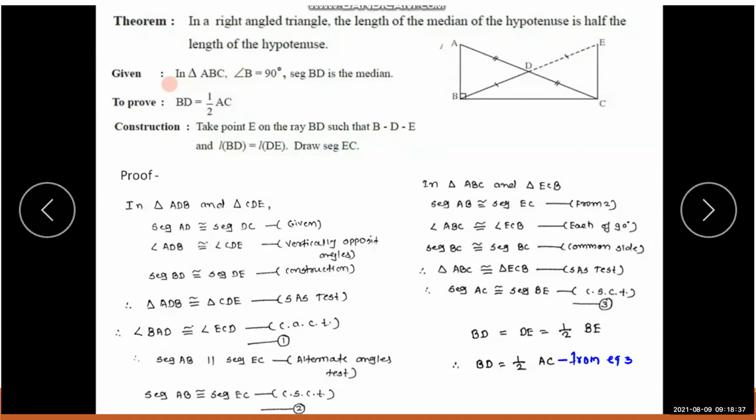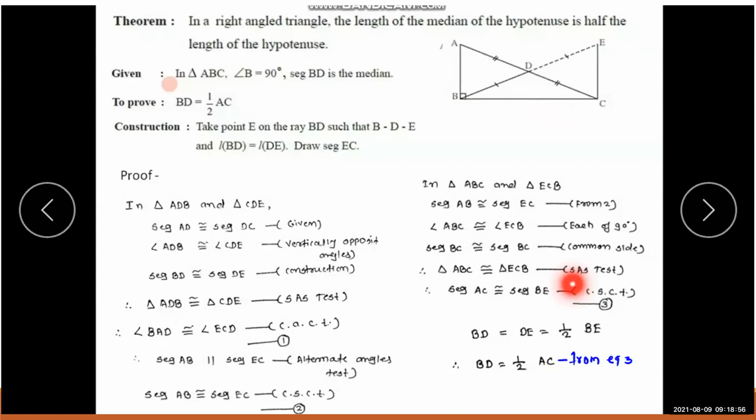Now in the second pair, you have to take this larger triangle and another triangle on this right side. Show these two triangles congruent to each other by SS test.